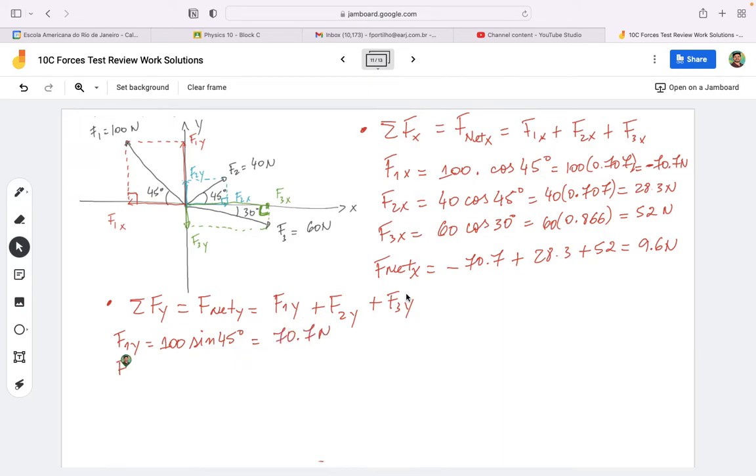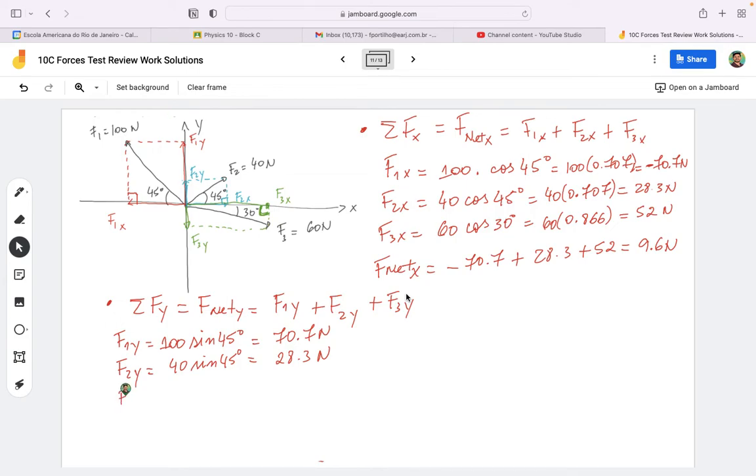Same thing is going to happen to F2y. So here we have 40 times sine of 45, which is the same value as F2x. Oops, I did something wrong. It's F2y. So then we have 28.3 newtons. It's also positive because it's pointing to the same direction as the y-axis.